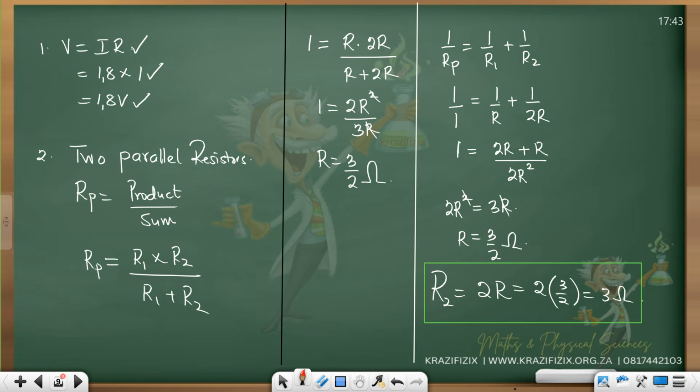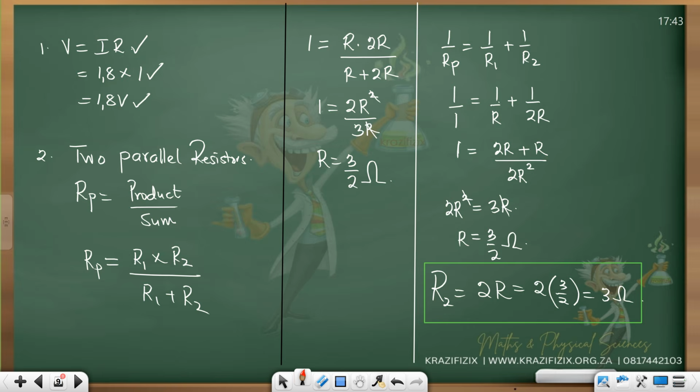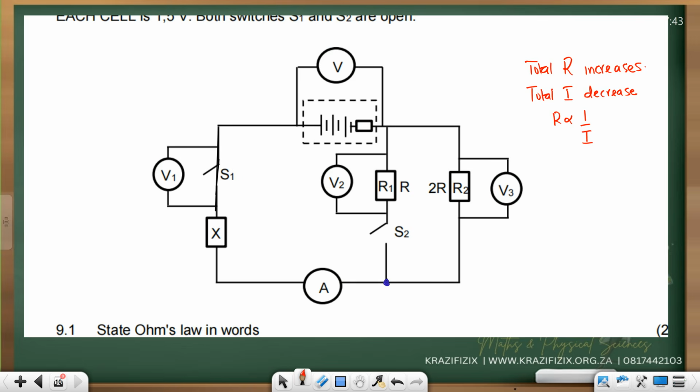What's the question saying? It said, what will happen to the power dissipated in X? Before now, the current was 1,8. Now we can use the formula P equals I squared R. The resistance of X is not changing.